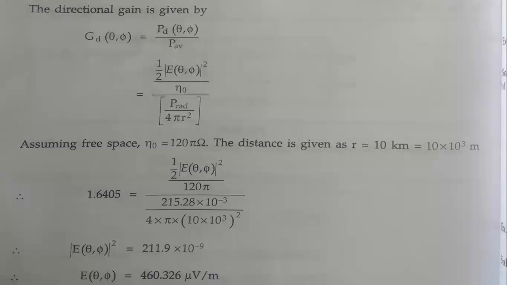As the question mentions, we need to find out the electric field intensity. That's why we are doing all these things to calculate the directive gain, as a few parameters are given in terms of the directive. So the directional gain GD, in terms of theta and phi, is PD divided by P average.